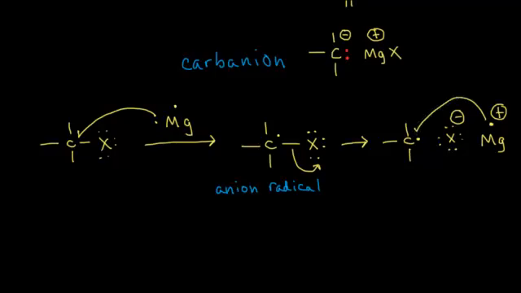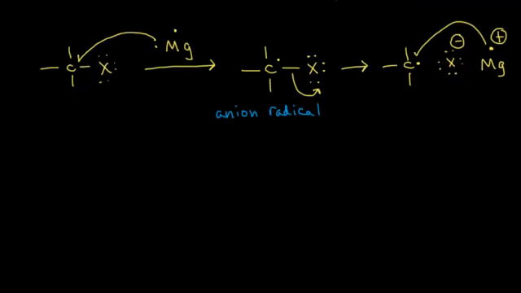Let's go ahead and draw what would result. We're going to now have our carbon right here with 3 bonds and 2 electrons around it, and that's what gives it its -1 formal charge to make a carbanion. Magnesium has donated both of its electrons, so this magnesium is now a +2 charged cation, Mg2+ like that.